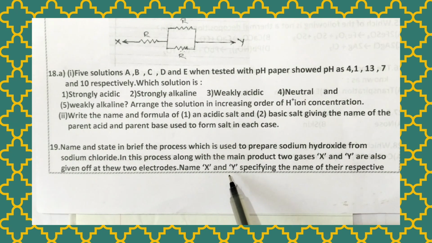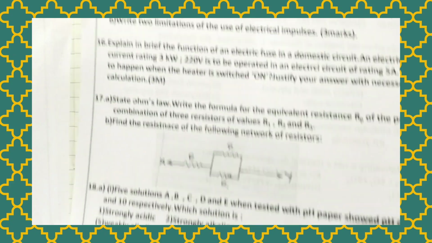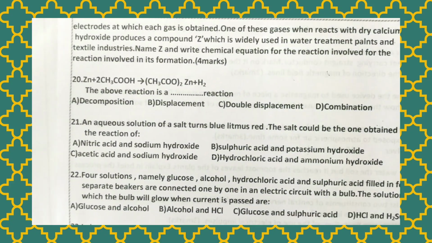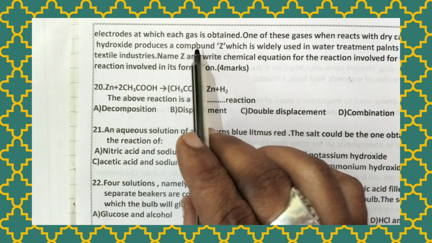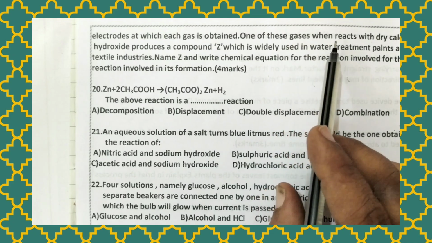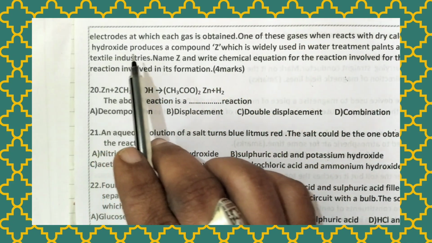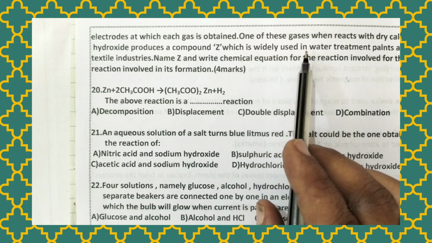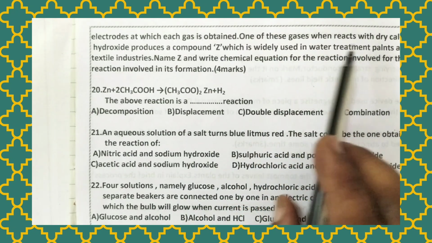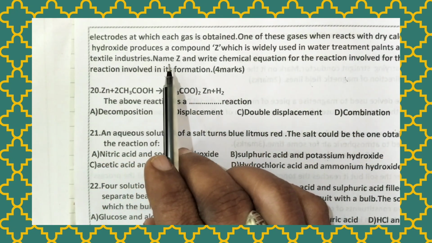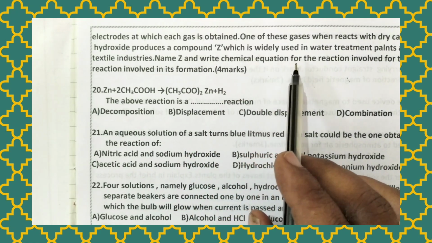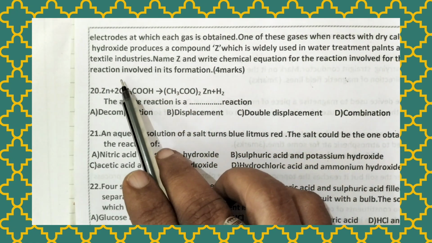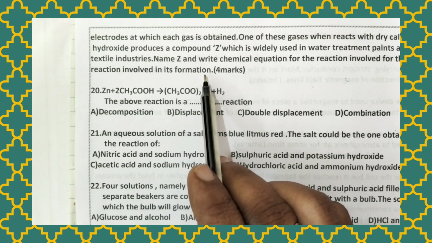Name X and Y. Specify the name of their respective electrodes at which each gas is obtained. One of these gases, when it reacts with dry calcium hydroxide, produces a compound Z, which is widely used in water treatment plants and textile industries. Name Z and write the chemical equation for the reaction involved in its formation.